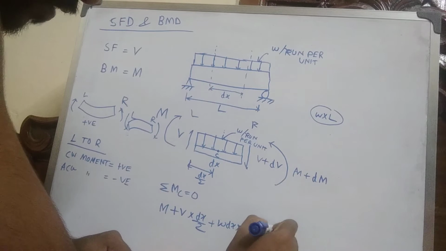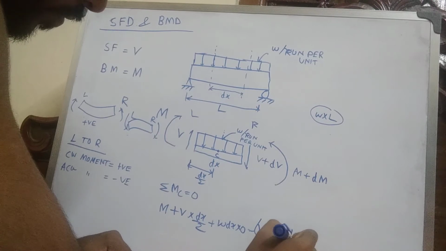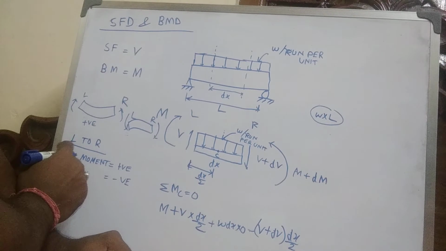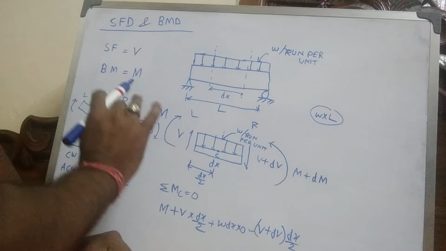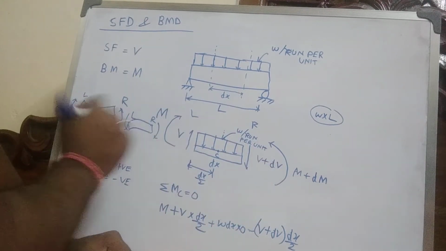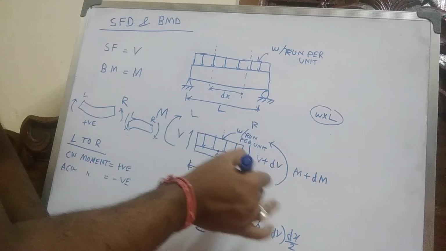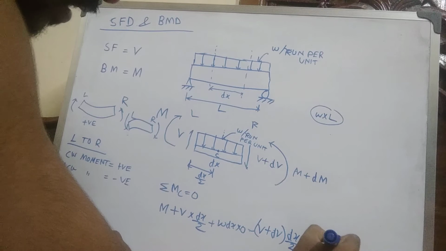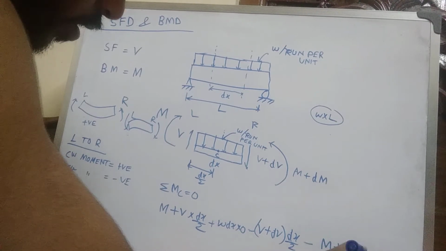V plus dV into dx by 2, and anti-clockwise moments, going left to right, not right to left, understand? And this counterclockwise moment, M plus dM, equals 0.